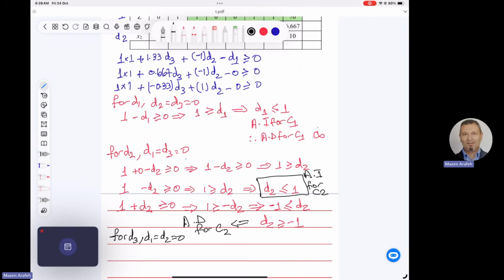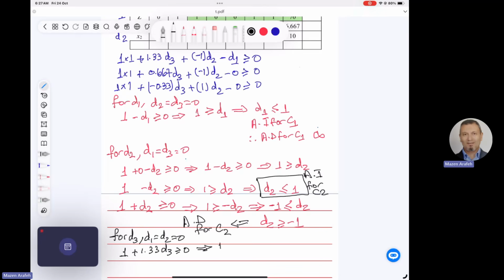First equation, we will have 1 times 1 is 1 plus 1.33 D3 plus negative 1 times D2, which is 0, minus D1, which is also 0. So this is greater than or equal to 0. Okay, so this is my first equation.